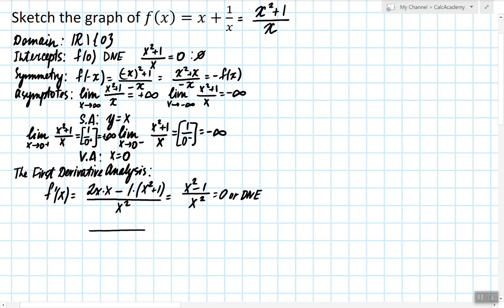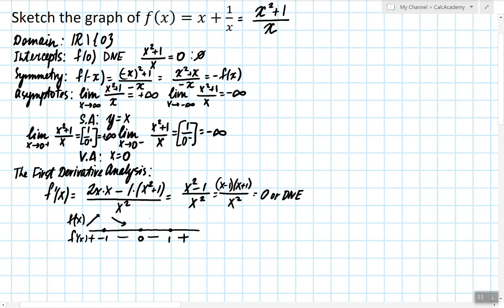The sign chart for the derivative then will be, we can actually simplify that expression further. We can factor the numerator and rewrite it like this. So the sign chart for the derivative is this. It's going to be positive on the right, negative, negative, positive, which has the following effect on the function.